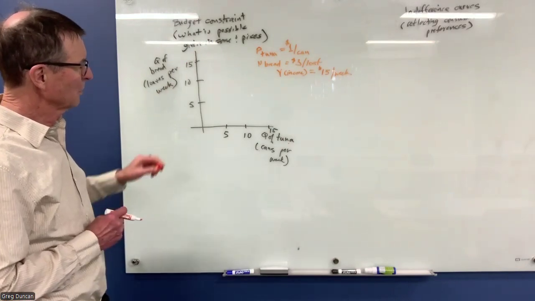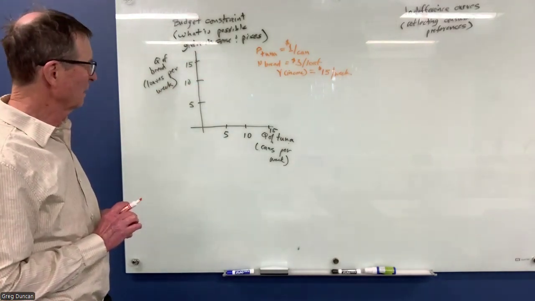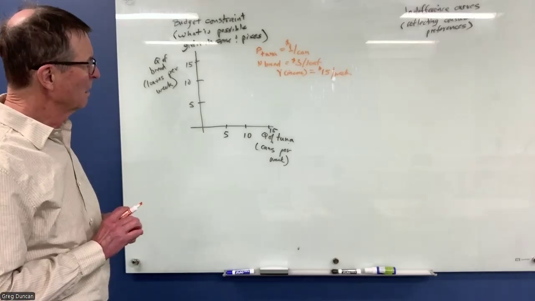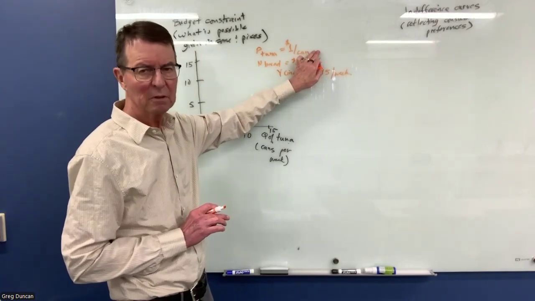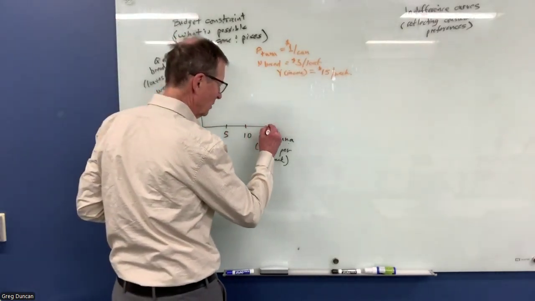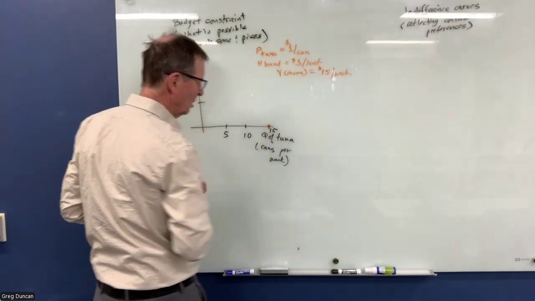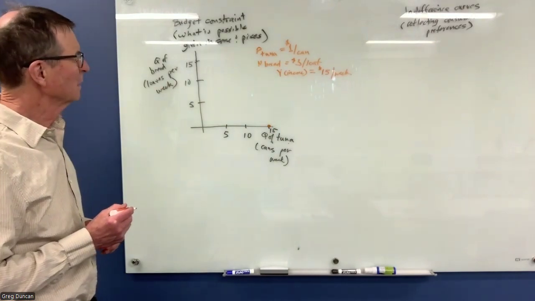And what's possible with this combination of income and price is an ability to purchase with this $15, 15 cans of tuna, right? So this is going to be a point on the budget constraint.